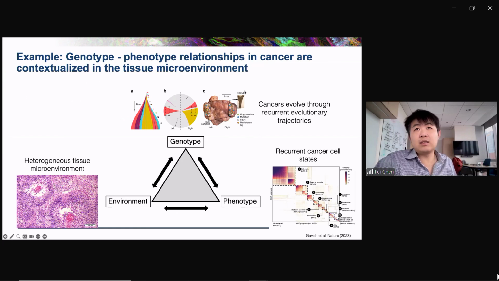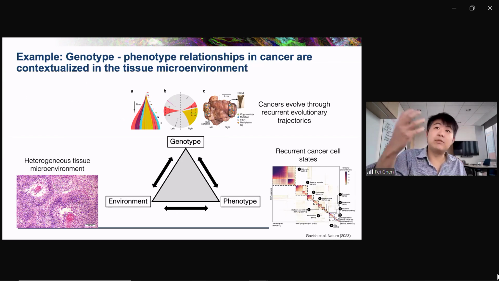And in cancer, we often have some genotype, whether those are driver mutations or other genomic alterations, methylation, that cause recurrent evolutionary trajectories for some intrinsic state of the tumor that drives it to become malignant.